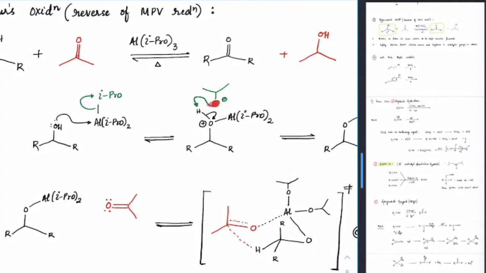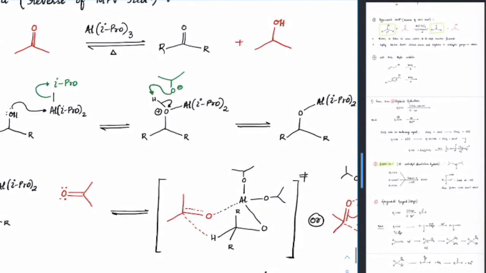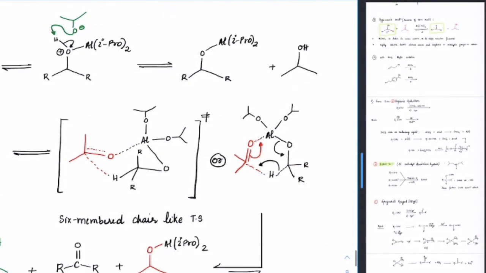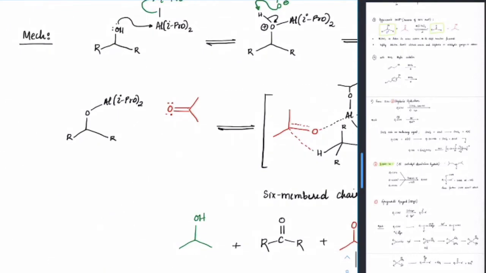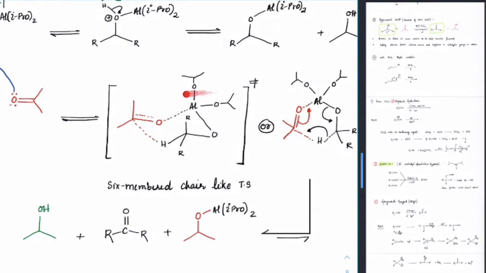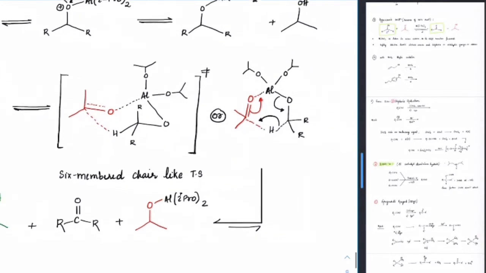So you can see that we got an alcohol part. The rest of the reactant which is left out is this. Now this rest of the reactant reacts with the acetone. And how is this reaction done now? This acetone's lone pair attacks the aluminium, and it would form this transition state, a six-membered transition state, a chair form here.